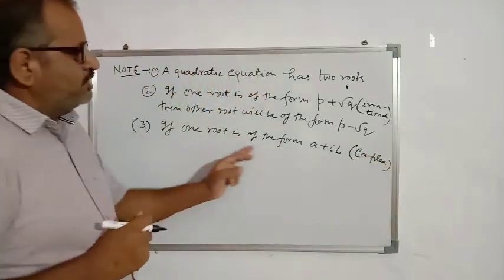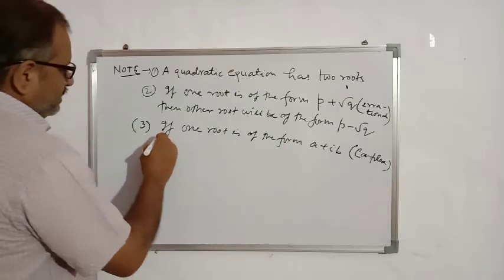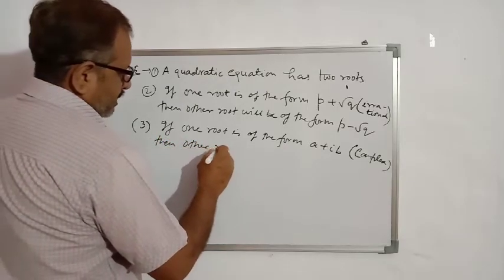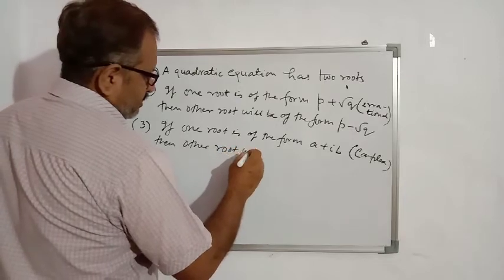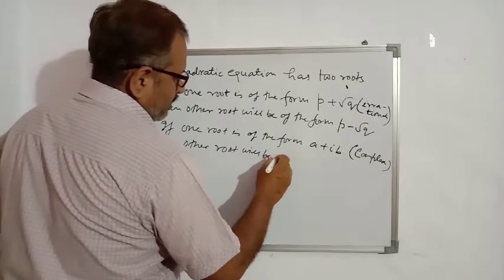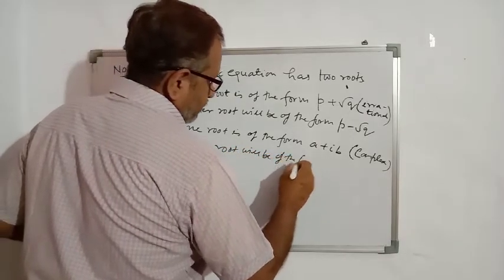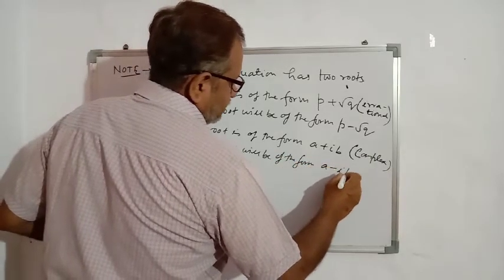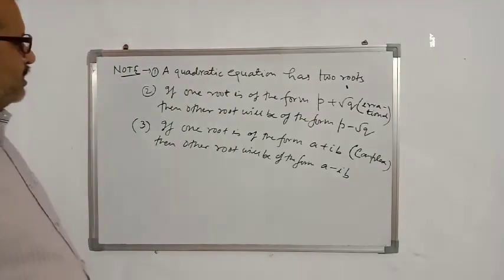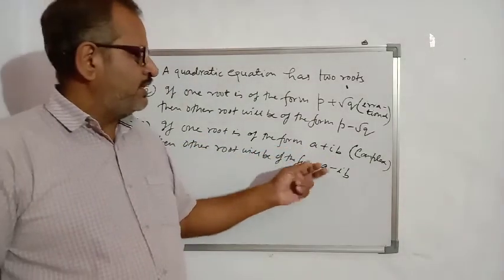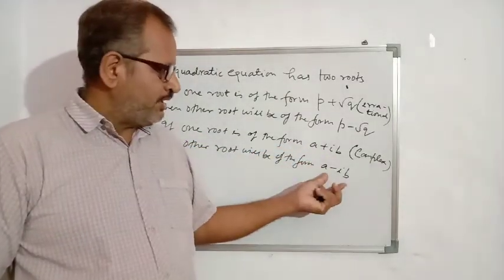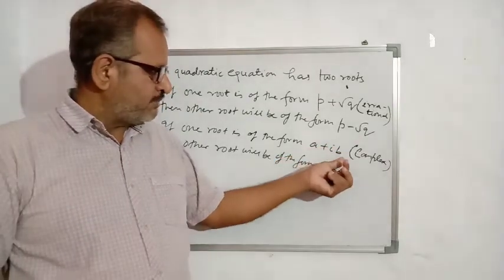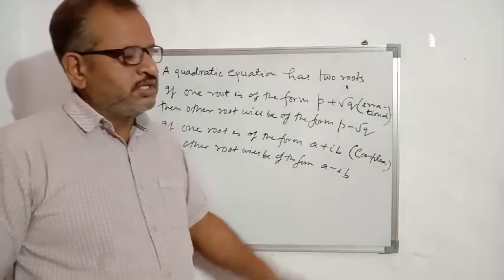If one root is of the form a plus ib, then other root will be of the form a minus ib. So if one root is a plus ib, other root will be a minus ib, complex conjugate. So if one root is a complex number, other root will be its complex conjugate.